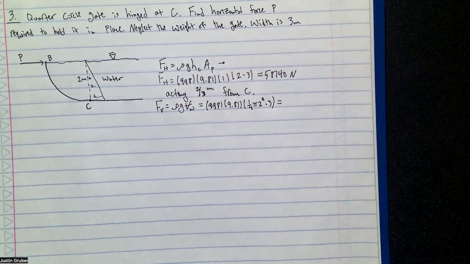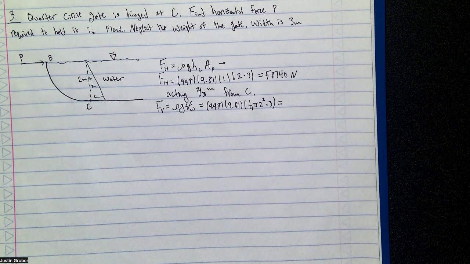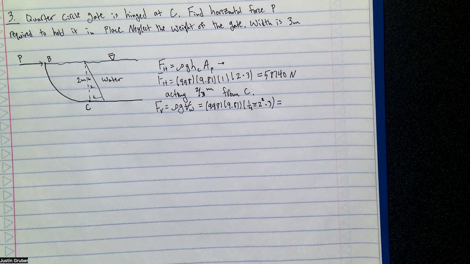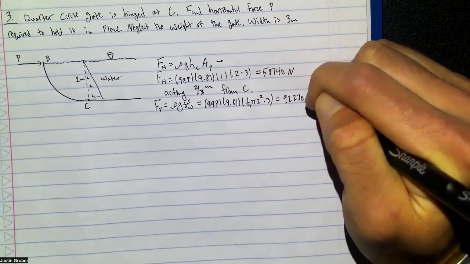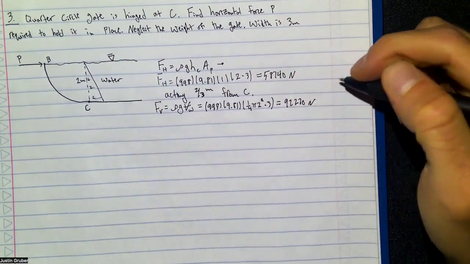Plug this number in. It'll be a significantly larger number, like 90 something thousand. 92,270. And this is downward, right?